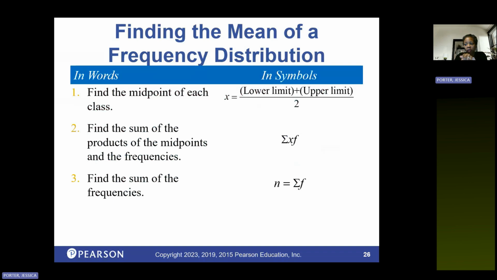Then you'll find the sum of the product of the midpoints and the frequencies. I'm going to show you what this looks like in a problem, because sometimes the wording doesn't quite make sense, but when you put numbers in it, it's like, oh, okay, that's what they mean. And then we'll find the sum of the frequencies, and then we'll divide them by each other.